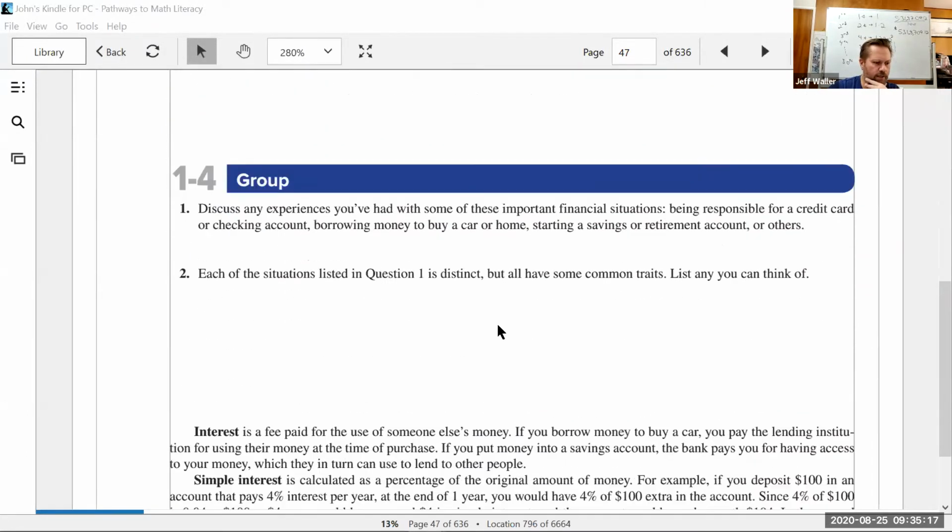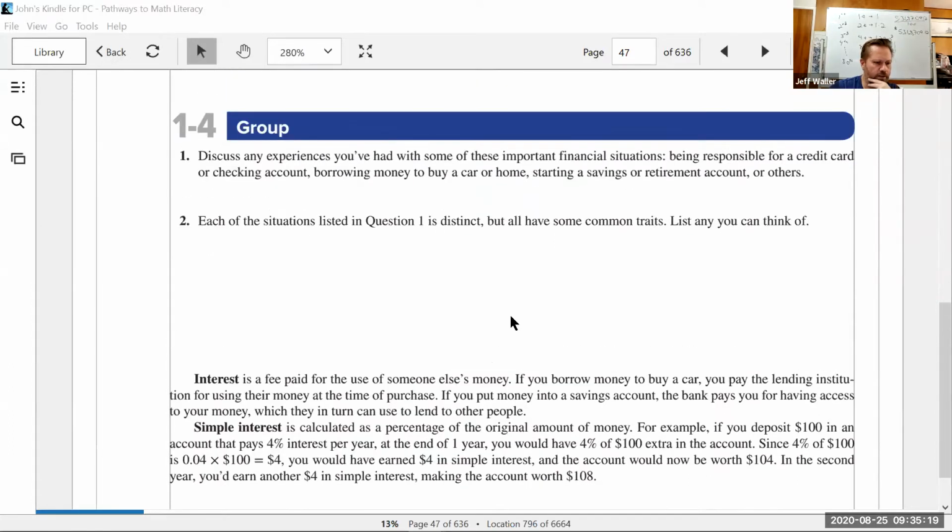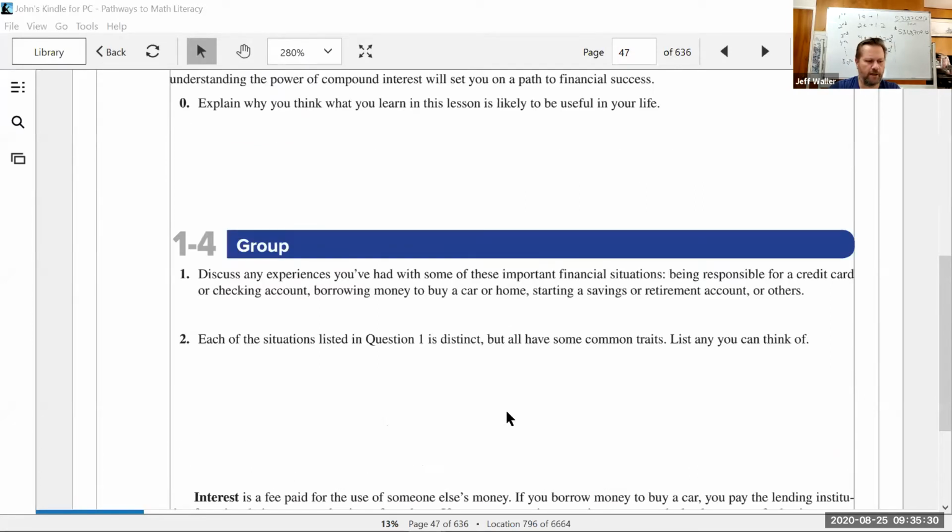Okay, so what I want to get into is we're going to talk about interest today. There's something called simple interest and compound interest. Does anyone know, without reading that, the difference between those two? Anybody ever heard about compound interest and what that means? So what happens in a bank when you put money into an account and you just let it sit?